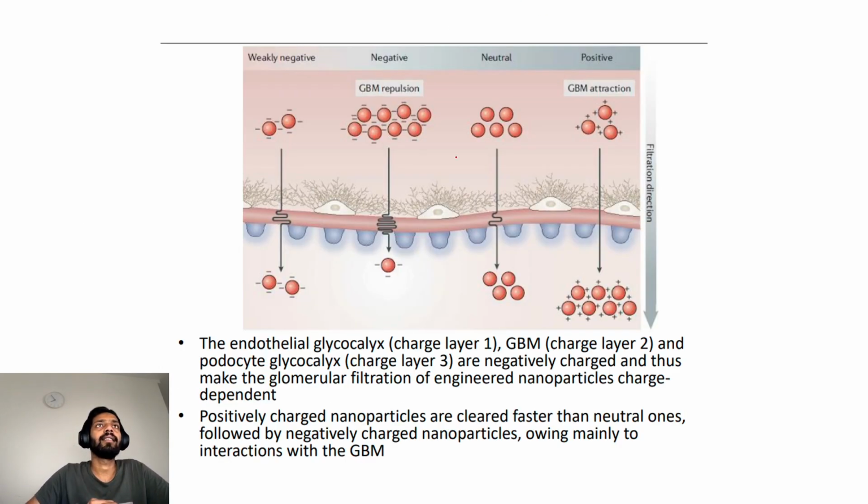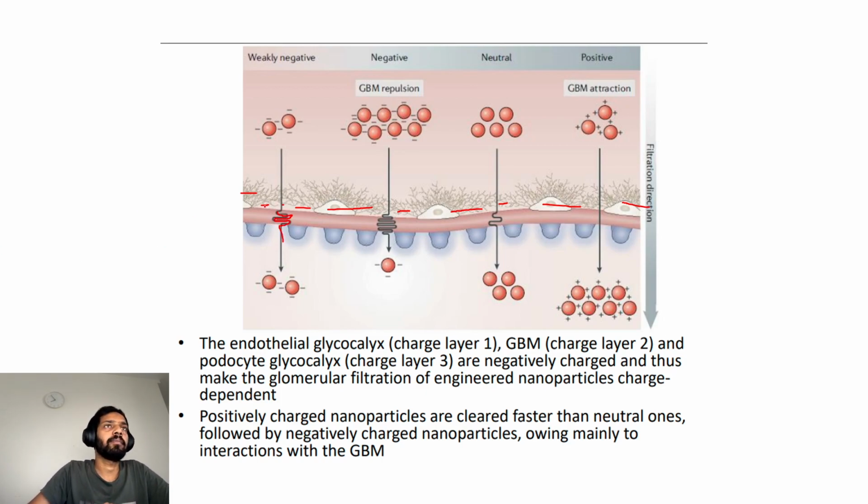So if we look at the interactions of charged particles with the GBM, the GBM is essentially, like all cell membranes, negatively charged, right? So this entire region is negatively charged. If a particle is weakly negative, it might face some repulsion, but because it is weakly negative, it will take some time, but it will get eliminated from the kidney.